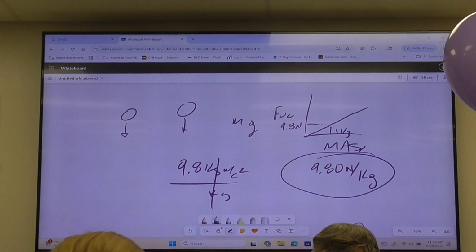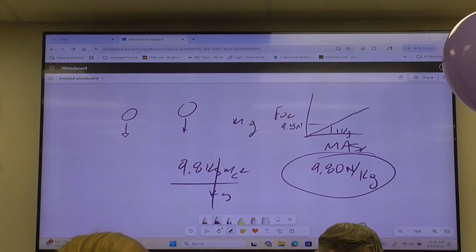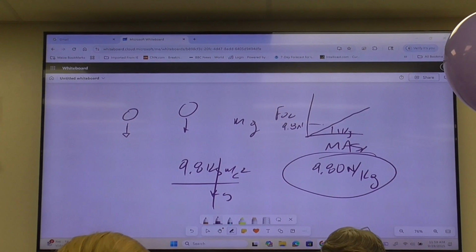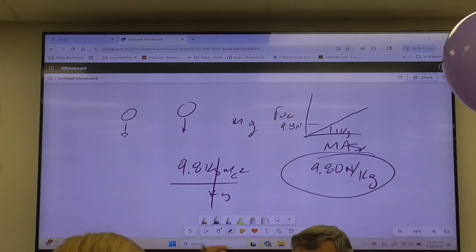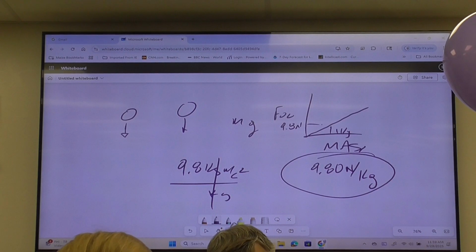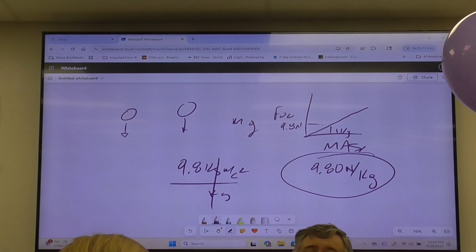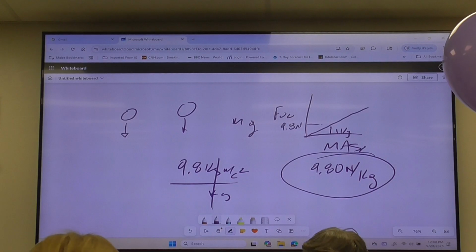So my purpose on number 10 is a couple of things. Number 1 is that you realize that mass is proportional to force in terms of gravitational force. So the more mass something has, the greater the gravitational force that acts on it. But you have to have more force acting on it.